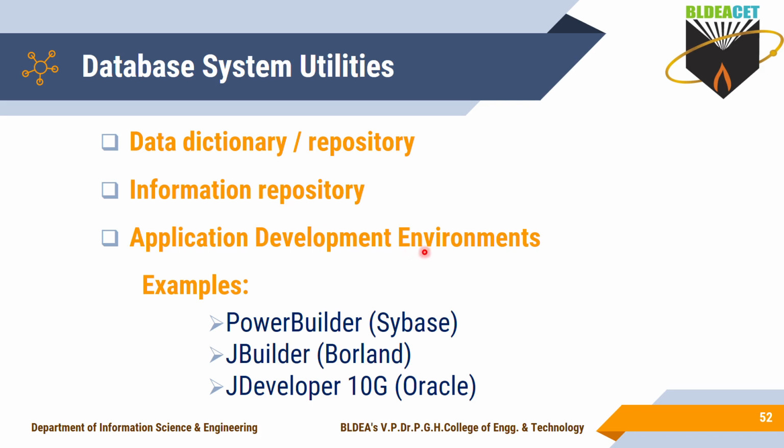Next is the application development environment. Application development environment is for developing applications. Examples of application development environments are Power Builder, J Builder or J Developer. These systems provide an environment for developing database applications, and they also include facilities that may help in the database system, which may include database design, graphical user interface development, querying, updating and application program development.